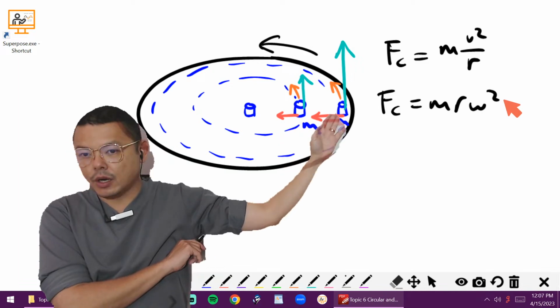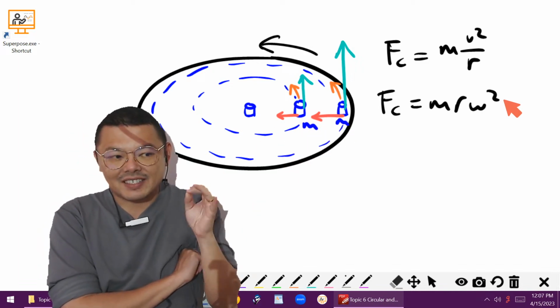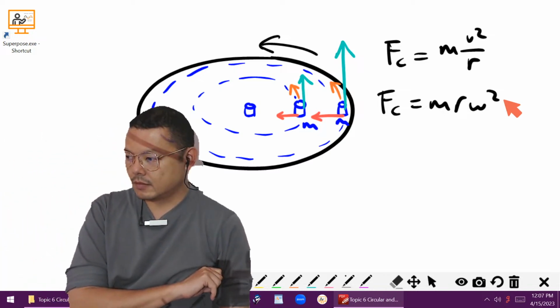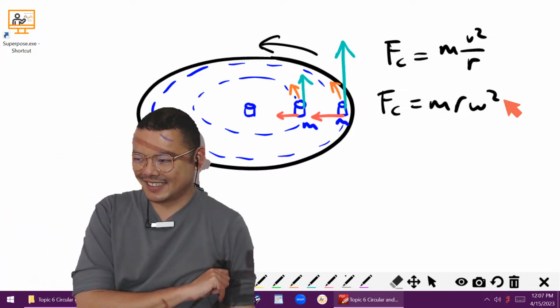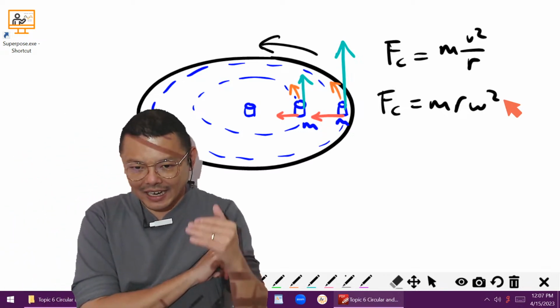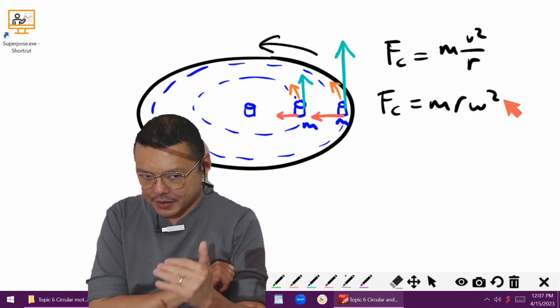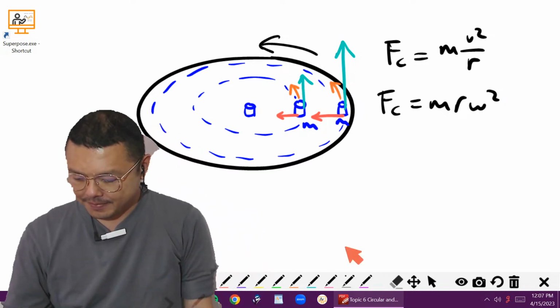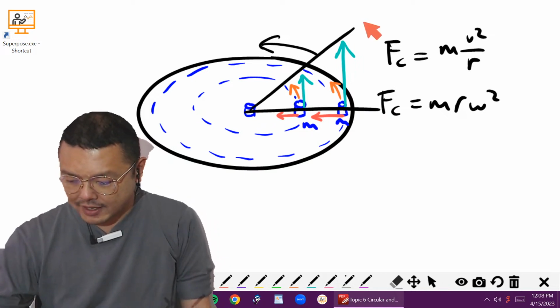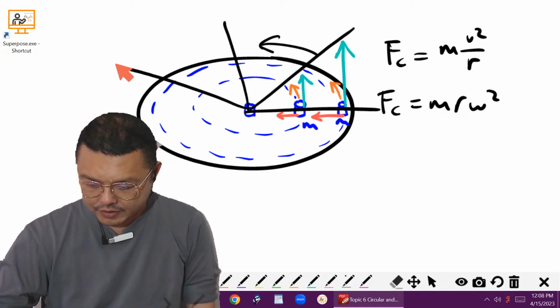Okay guys, inner object and outer object. Do they have the same angular velocity? Think about this. Do they cover the same angle per unit time? When you rotate the table, if this is the line, you rotate it later, it will cover here, here, here, right?